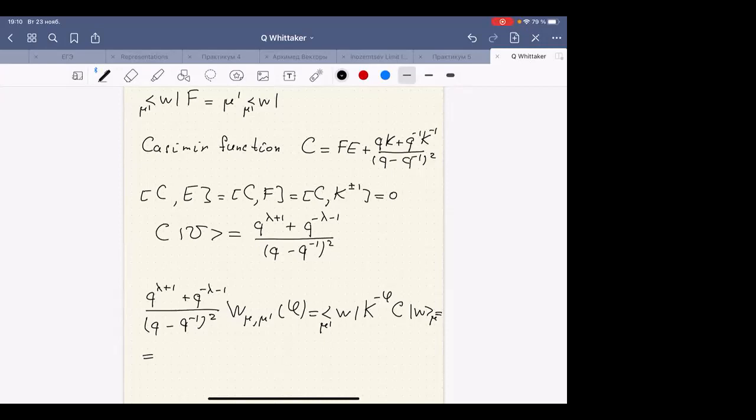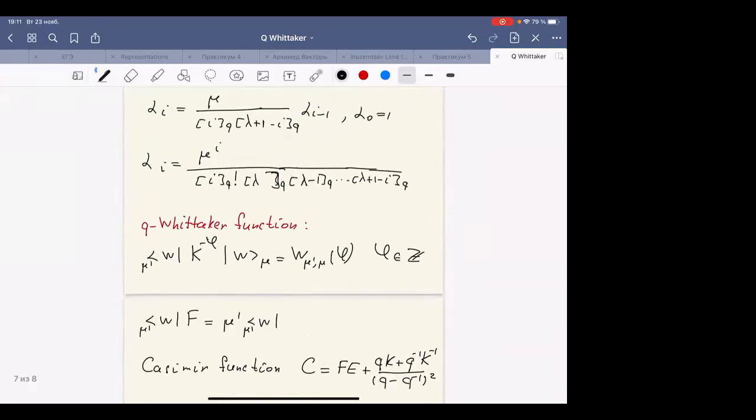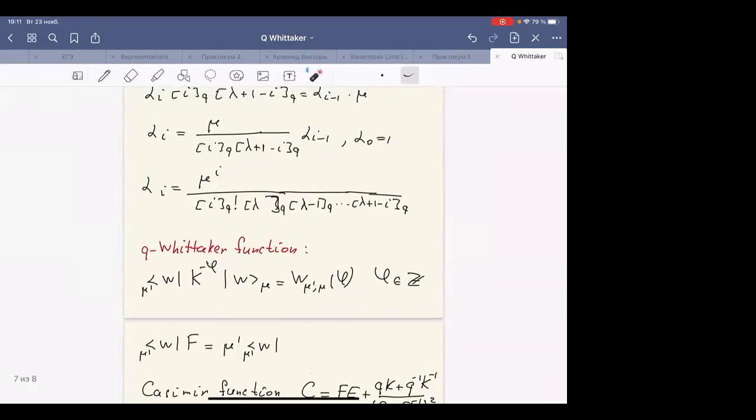So again, if we look at the formula for coefficients for the Whittaker vector, if lambda is an integer, we'll have some problem. We will divide by 0. We know why, because if lambda is 0, then the Verma module will be reducible.